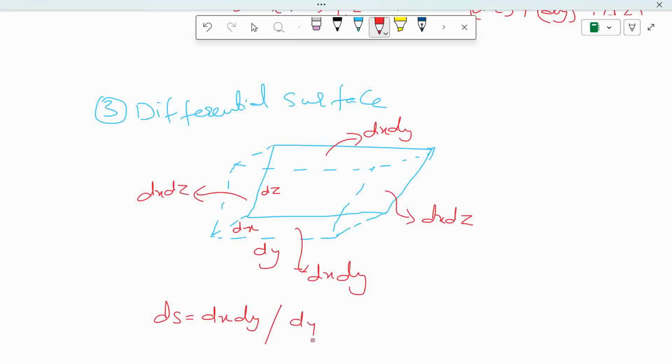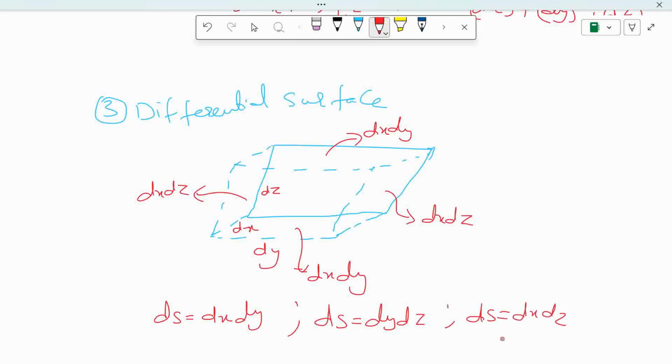or dy dz, or I should not write like this. Let me write: ds equal to dx dy, and ds is equal to dy dz based on which side we are considering, or it is dx dz.